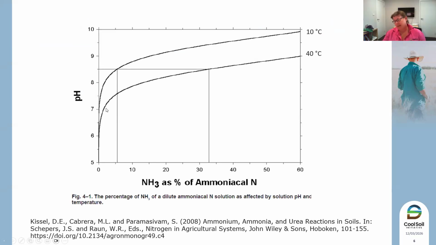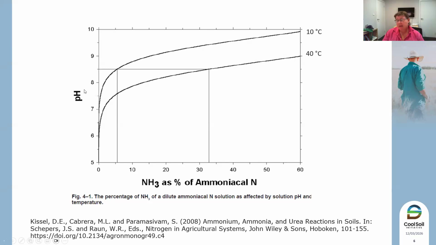Probably don't need to go through this, but I was thinking around how much of the ammonium gets converted into ammonia and lost through volatilization, and knowing that temperature is a really big player with that. So when we're broadcasting urea, if we're having higher temperatures, then we are going to get a greater loss profile of that.